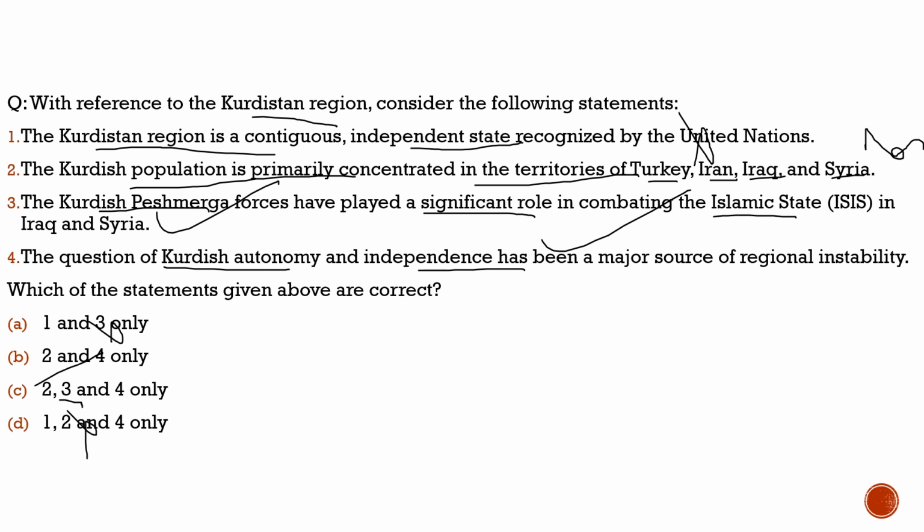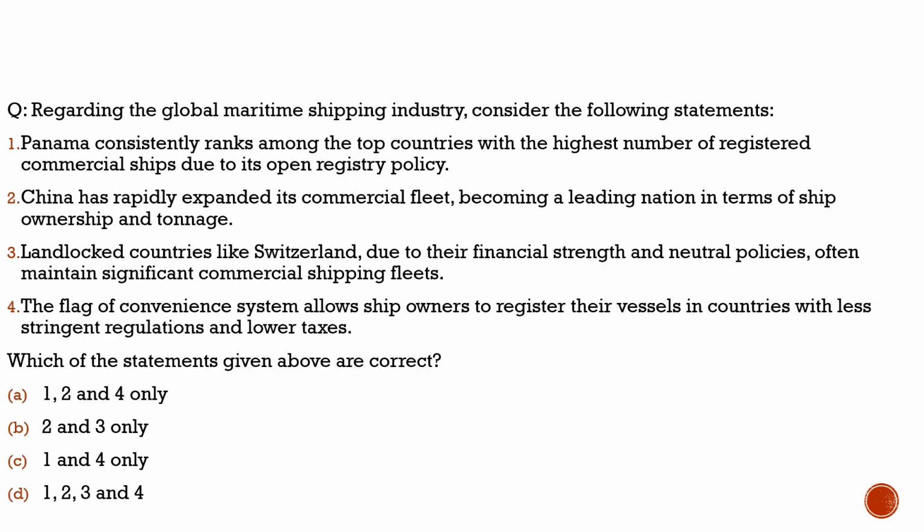How the West ignores this issue because they want their ties with Turkey to be strong. So whenever it comes to the issue of Kurdistan, the West is silent over it. It shows the hypocrisy of the West too. So with this, let's move to another slide and see what question we had brought there.